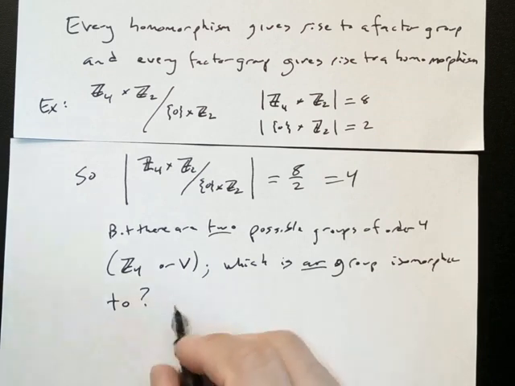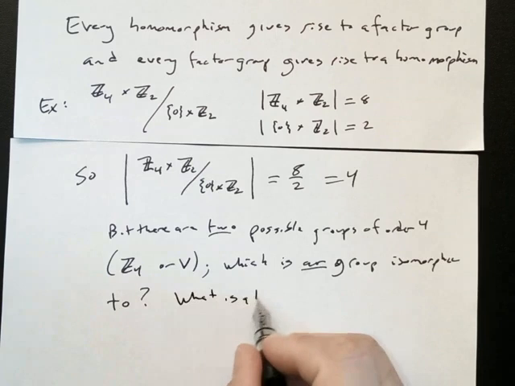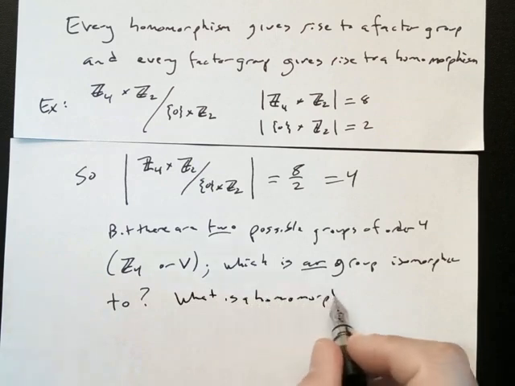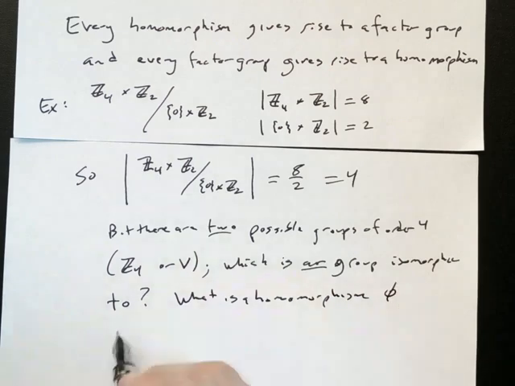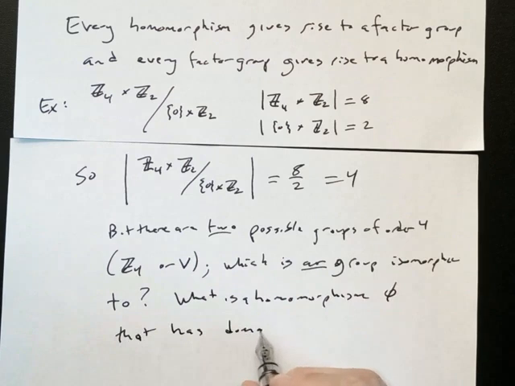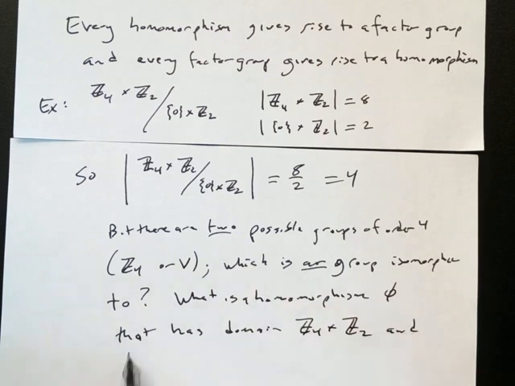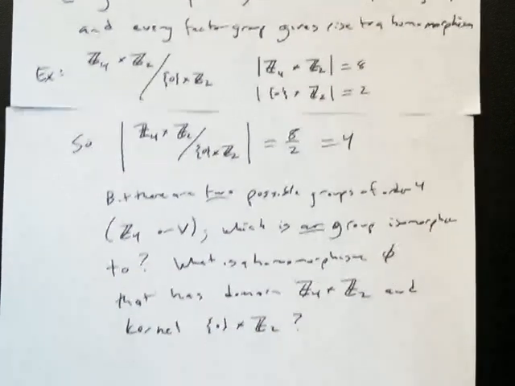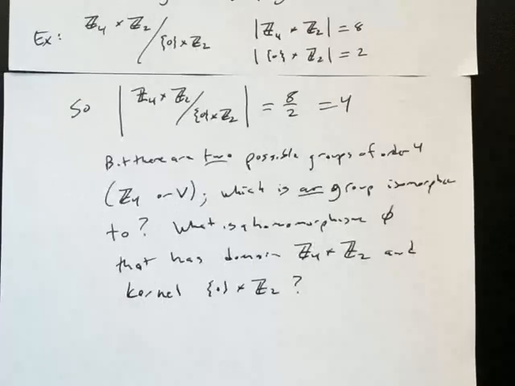So let's think about some homomorphism that is going to start in Z4 times Z2 and is going to have kernel 0 by Z2.